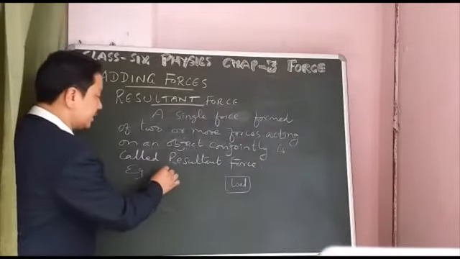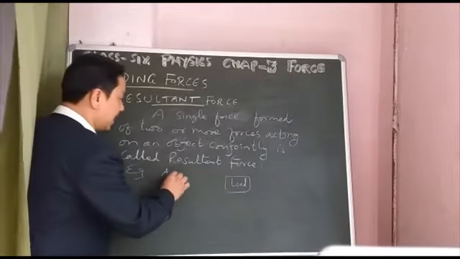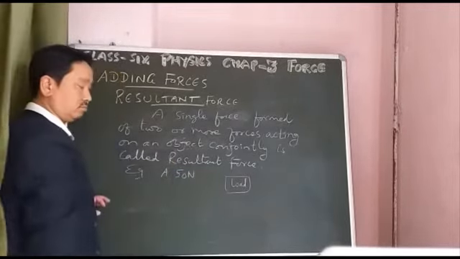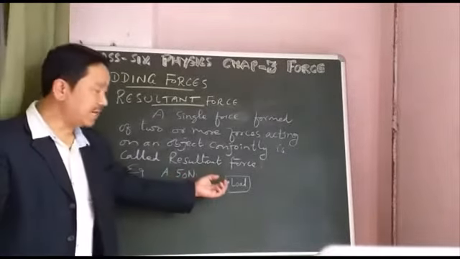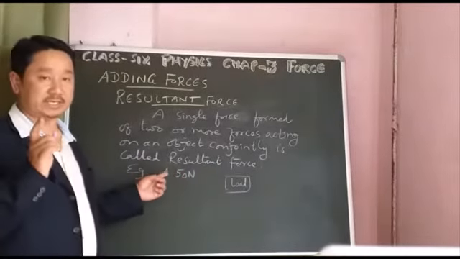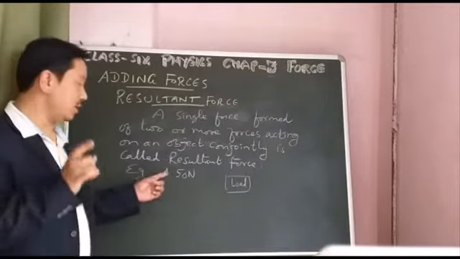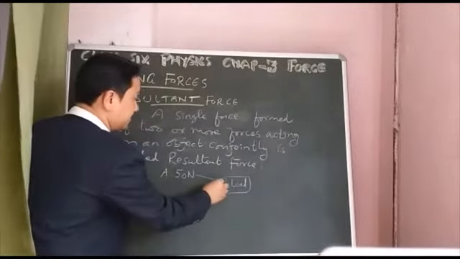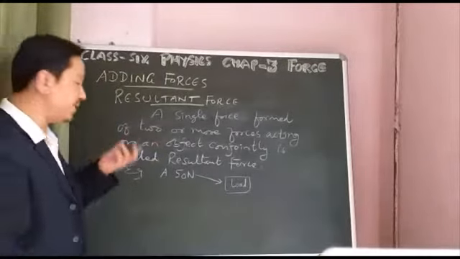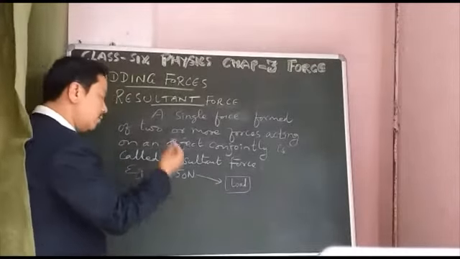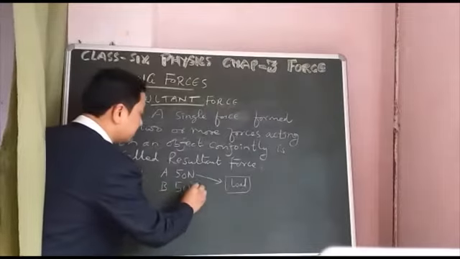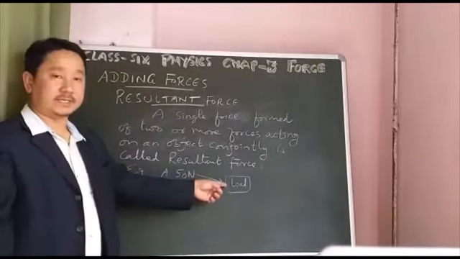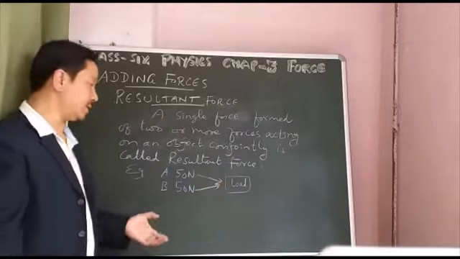Suppose a person A applies, let us say, 50 Newton of force to lift that load. Then another person B also applies 50 Newton to that object, in the same direction.